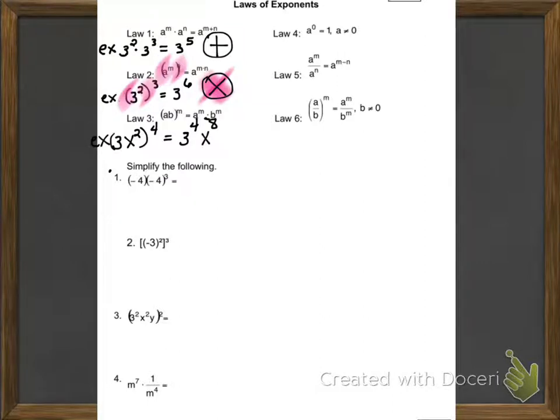Let me take this little stray mark off so it's not confusing. Okay, x to the 8th. And then I have to expand that 3 to the 4th because I'm not going to leave it like that. That's 81x to the 8th.